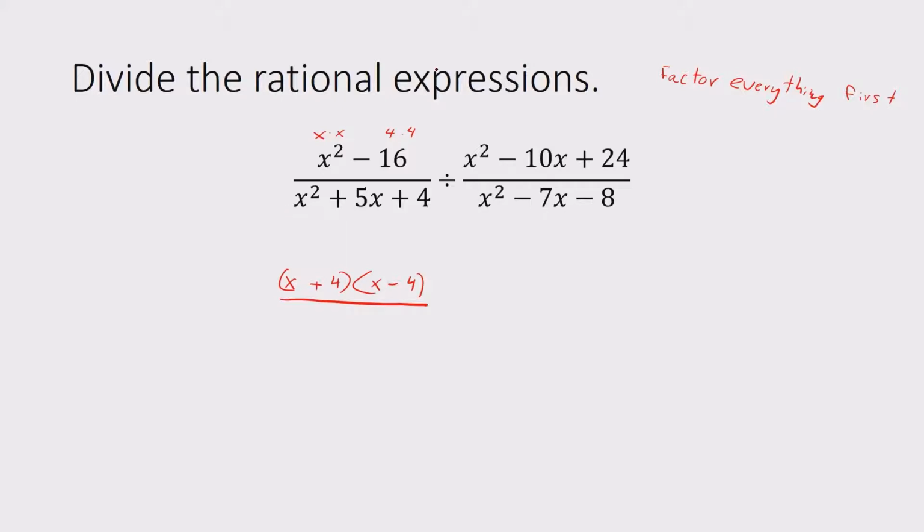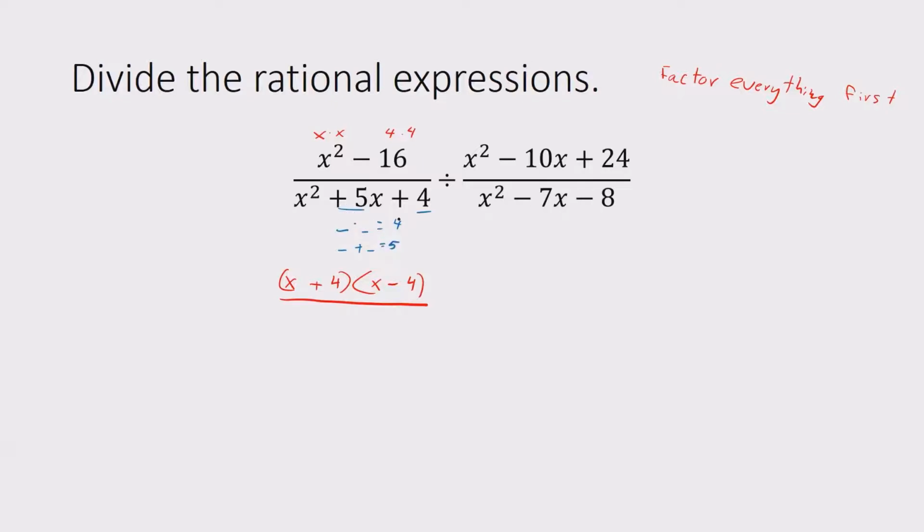For the bottom of the first fraction, we have a trinomial with 3 terms. To factor a trinomial, we are going to find our special numbers. For this problem, x squared plus 5x plus 4, our two numbers have to multiply to equal the number at the end, the 4, and then add up to equal the number in the middle, the 5.